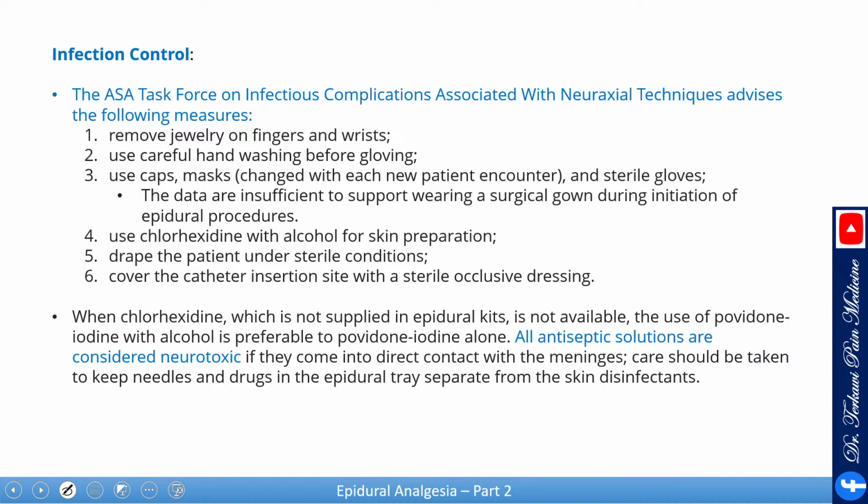All antiseptic solutions are considered neurotoxic if they come into direct contact with the meninges. Care should be taken to keep needles and drugs in the epidural tray separate from the skin disinfectant.